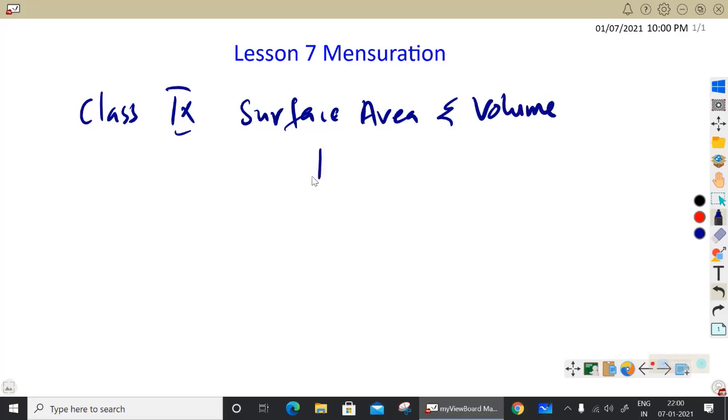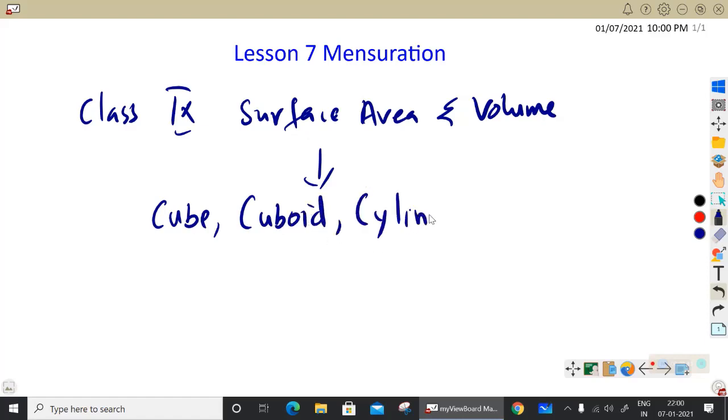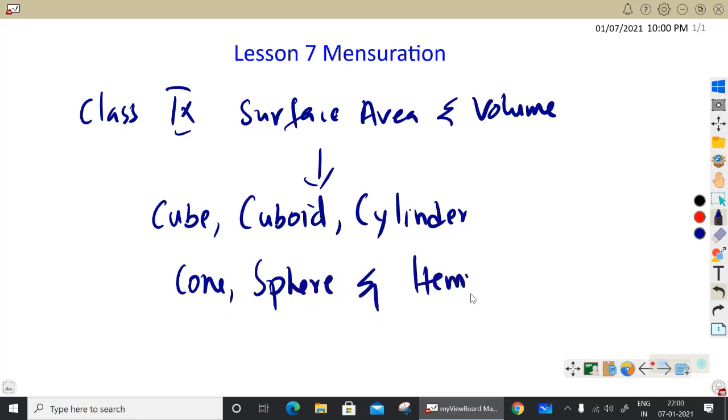As far as surface area and volume is concerned, you learned about the surface area and volume of cube, cuboid, then cylinder. In class 7th and 8th, you studied about cone, sphere and hemisphere last year.